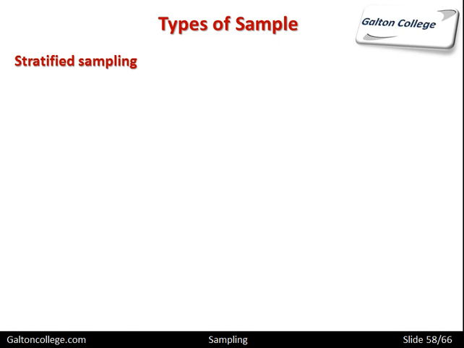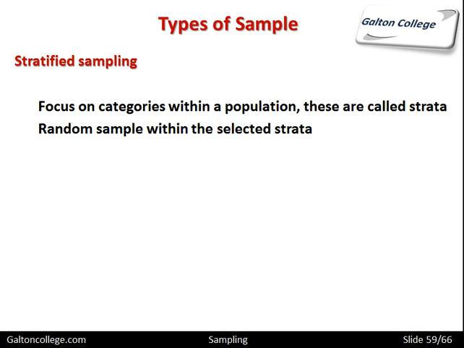There's also something called stratified sampling, to focus on categories within the population. These are called strata. Then random sample within the strata. So for example, if you are looking at university students, then university students are a subset of the whole population of people.